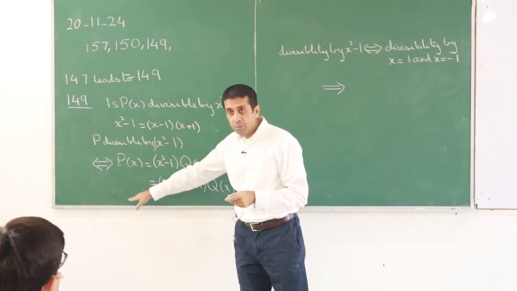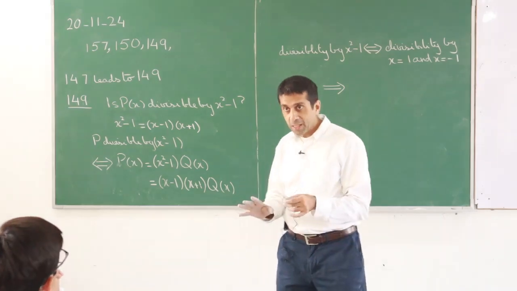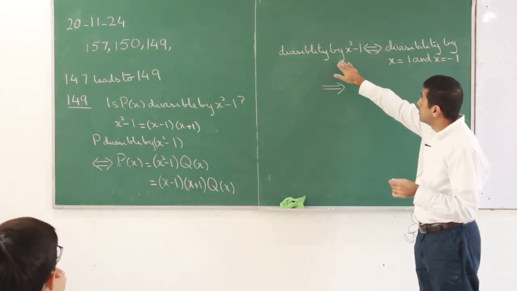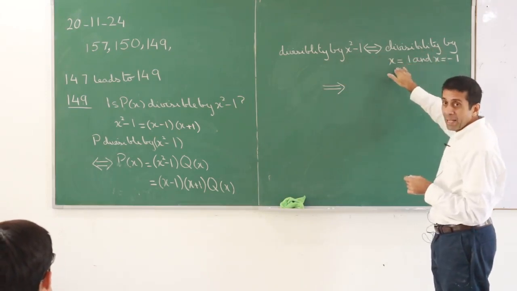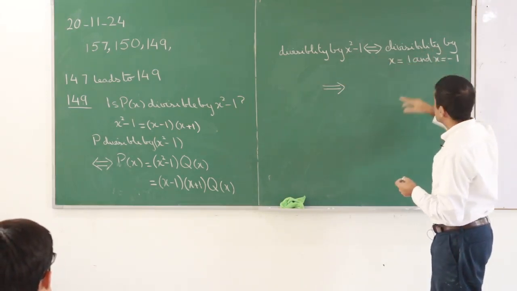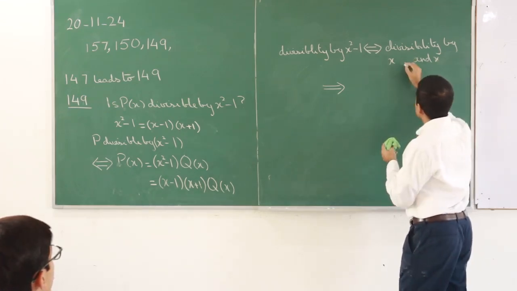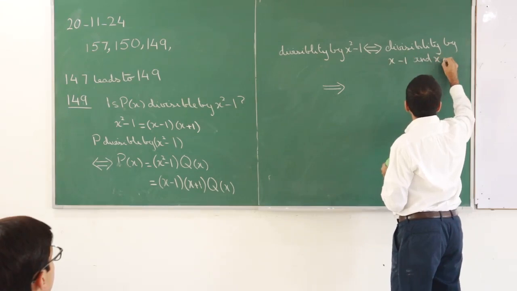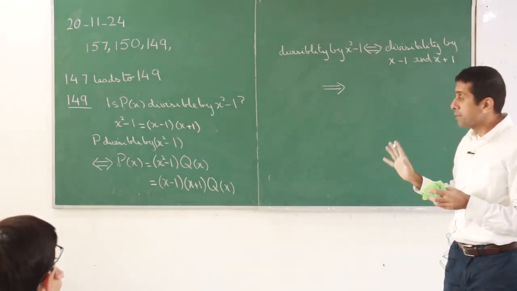It is also divisible by x plus 1. Agreed? यहाँ तक ठीक है? So I've shown you that divisibility by x square minus 1 is the same as divisibility by x minus 1 and x plus 1. Oh, sorry. Maybe that is what was bothering you. Okay. Is that clear? Sorry.